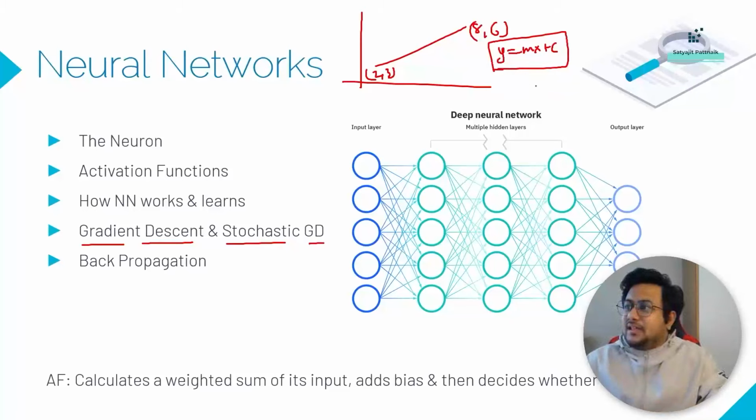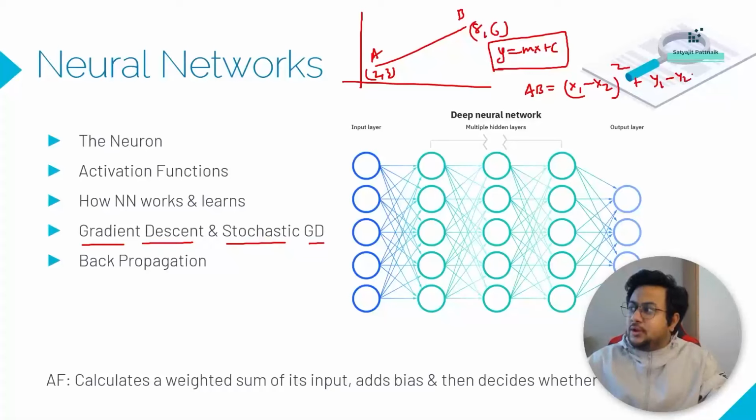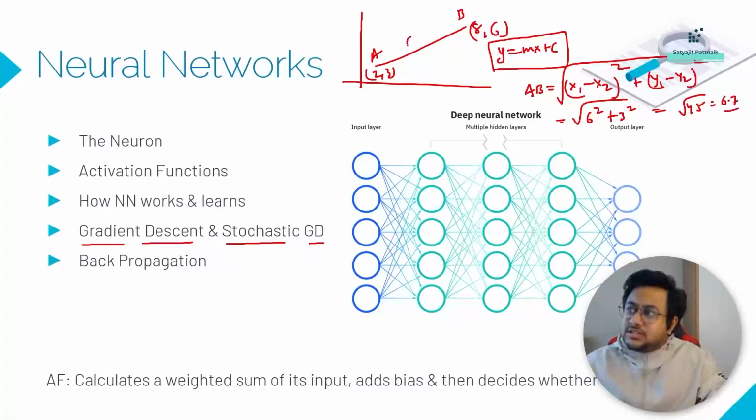Let's name the points A and B. The distance formula is the square root of (x1 minus x2) squared plus (y1 minus y2) squared, which is the square root of (2 minus 8) squared, which is 6 squared, plus 3 squared, so the square root of 45, which is around 6.7. So the distance between A and B is 6.7.